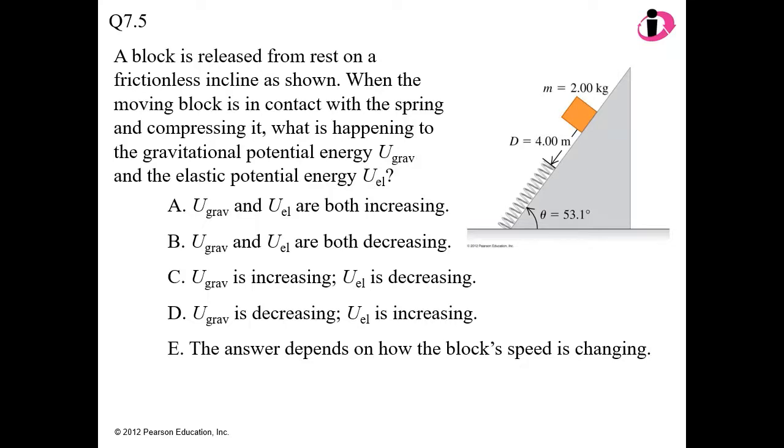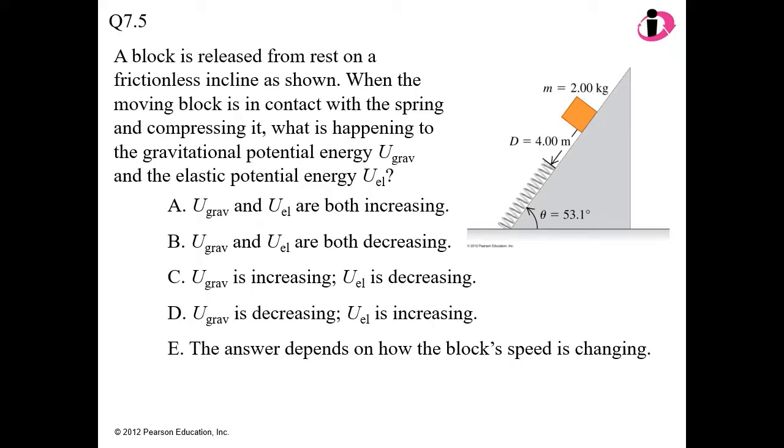So while this block is moving down at an angle, the component of the displacement is in the same direction as the gravity force, or should I say another way, the component of gravity is in the same direction as the displacement, and so the work done by the gravitational force is positive, which means that it's losing gravitational potential energy, which hopefully doesn't surprise us since it's going down.